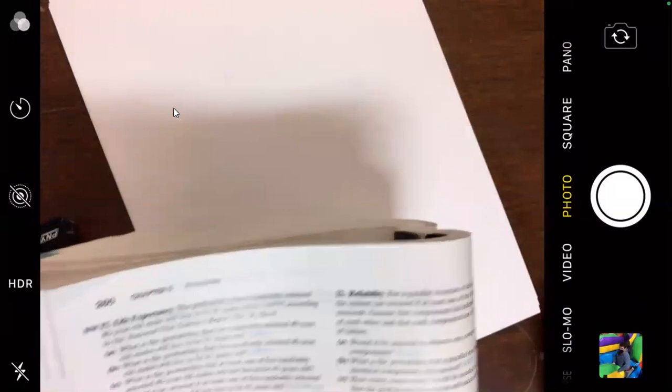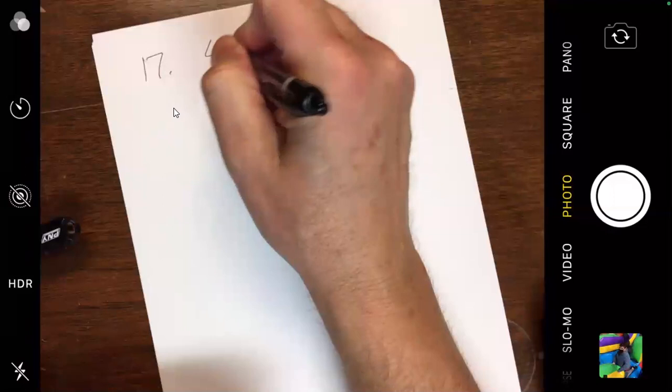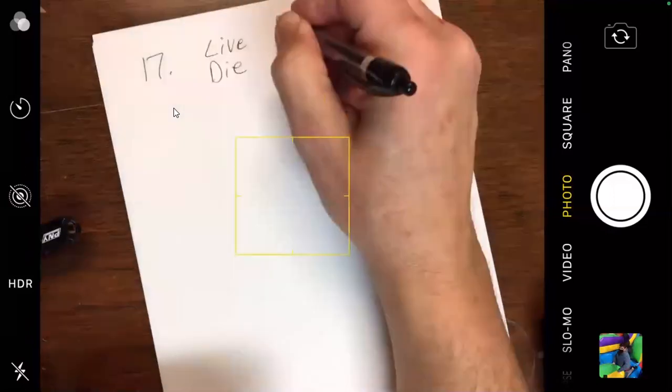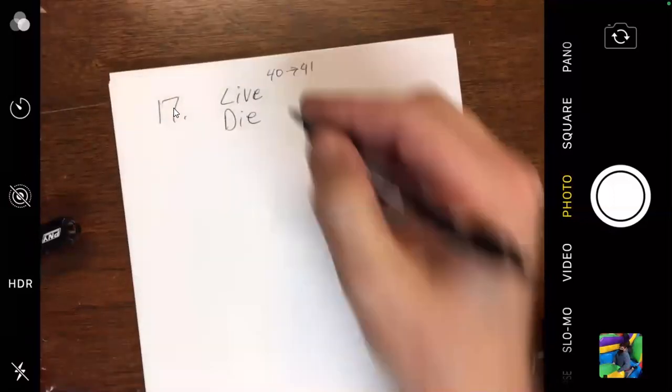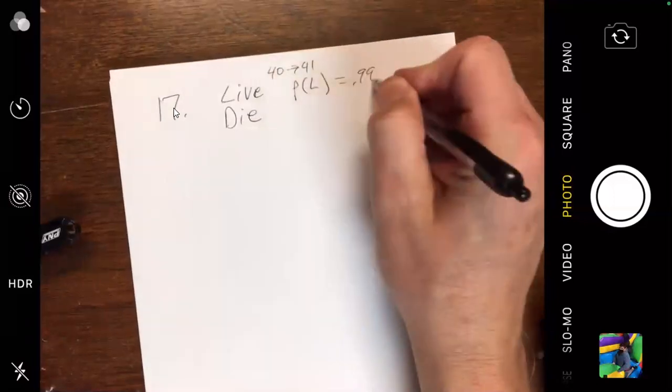So the two events in 17 are basically live and die. This is a 40-year-old going to a 41-year-old. And they give you the probability of, I'll shorten it to L, of living is 0.99757.